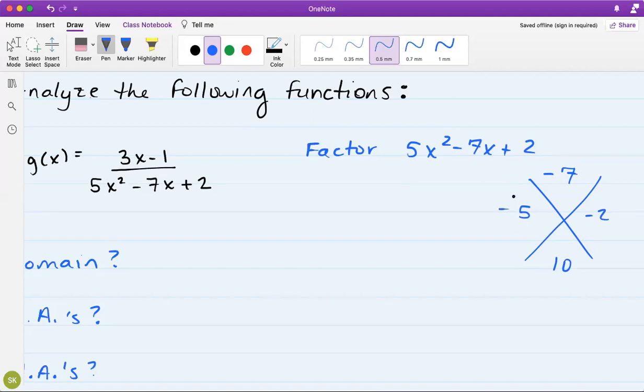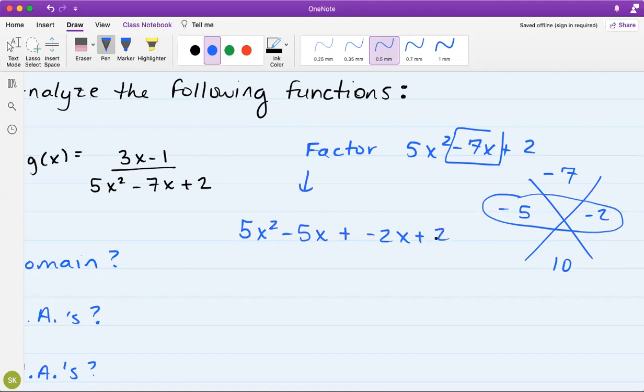So since we found the two numbers, because this coefficient is not a 1, what we're going to do is take this negative 7x and make it negative 5x plus negative 2x. So down here, I have 5x squared minus 5x plus negative 2x plus 2. This is the same thing. You can see that negative 7x is now negative 5x plus negative 2x.